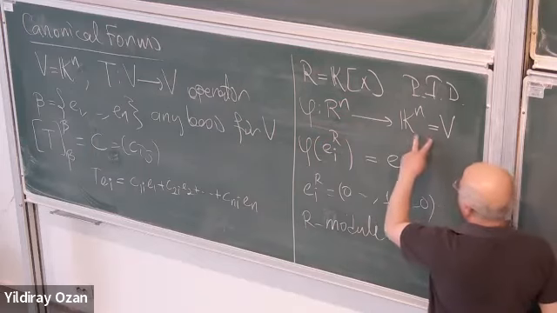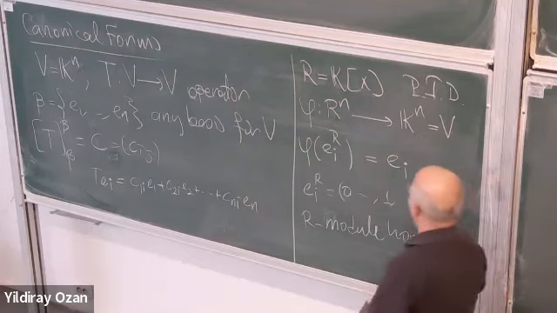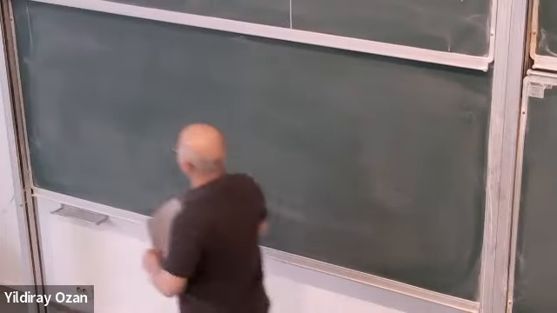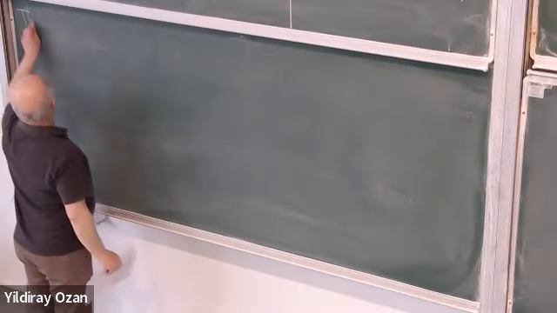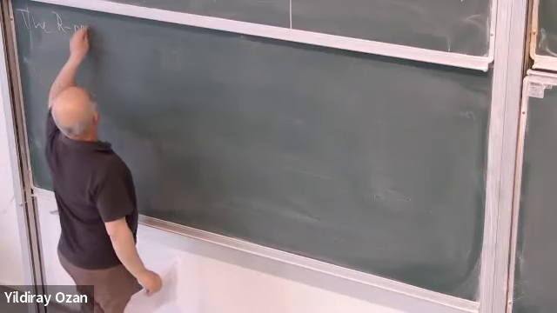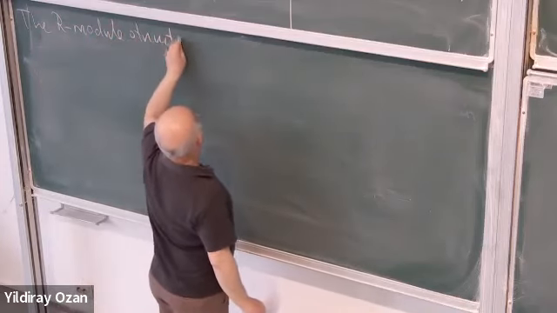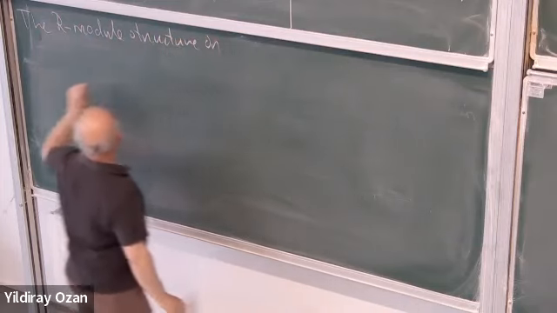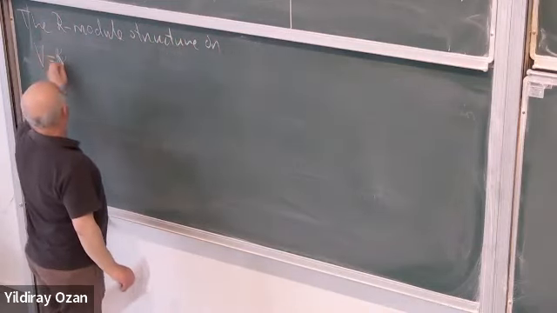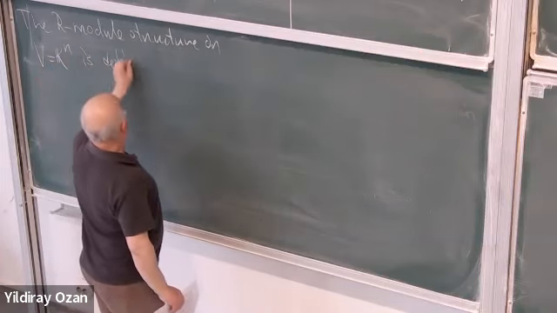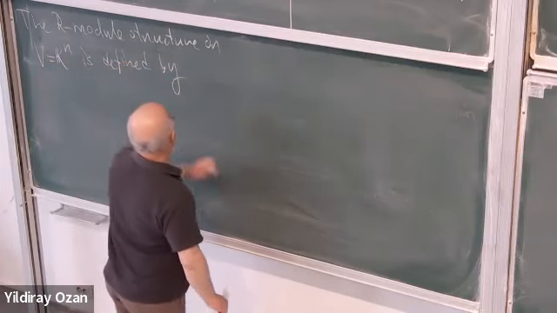What about the R-module structure here? The R-module structure from T is defined as follows. The R-module structure on V, which is K^n, is defined by the following.